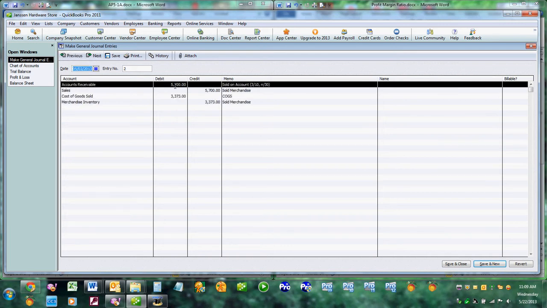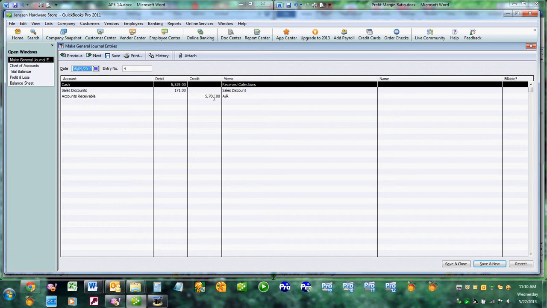As you recall, May 2nd the accounts receivable was $5,700, and that's how much they were billed. Now on the 9th, we enter cash for $55.29. Sales discounts $171 because it was paid before the due date, and then accounts receivable gets credited back $5,700.